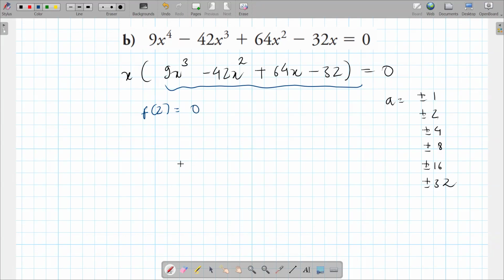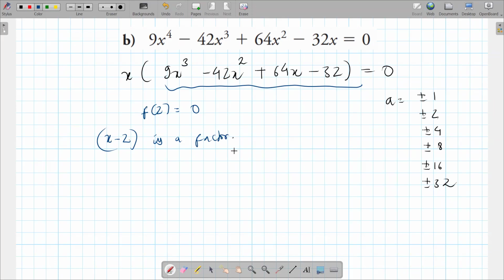So you would get a 0. What does that mean? We have a factor. Yes, right? Did that make sense or no? So that means x minus 2. Remember, it's always x minus k or x minus a. x minus 2 is a factor.